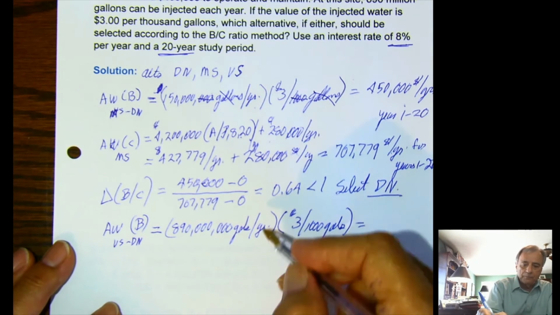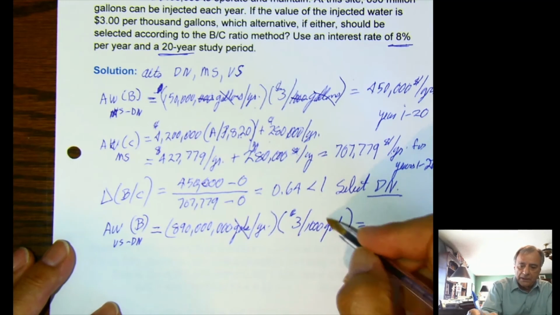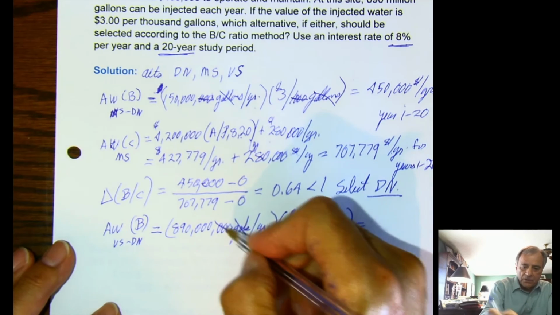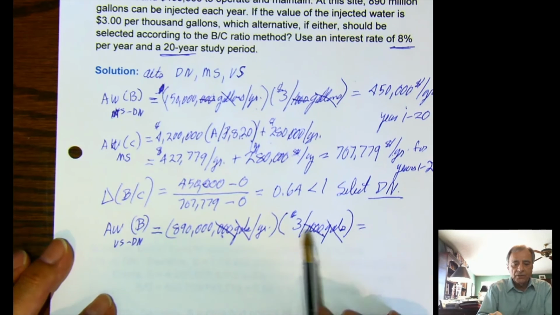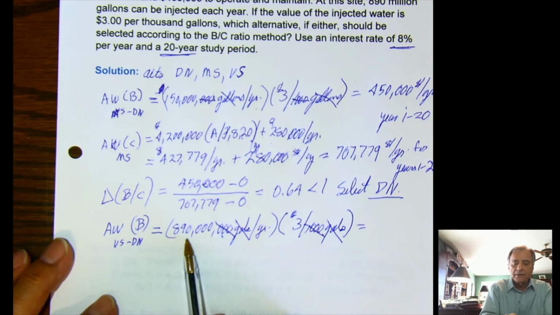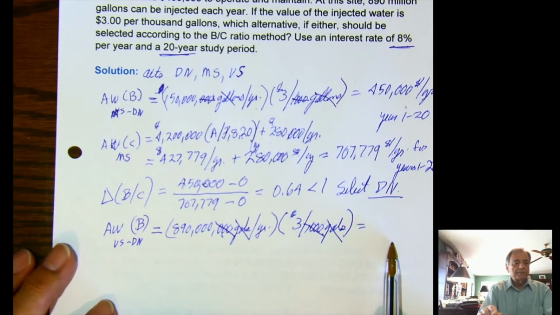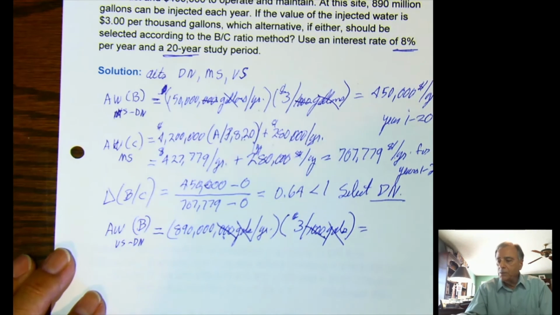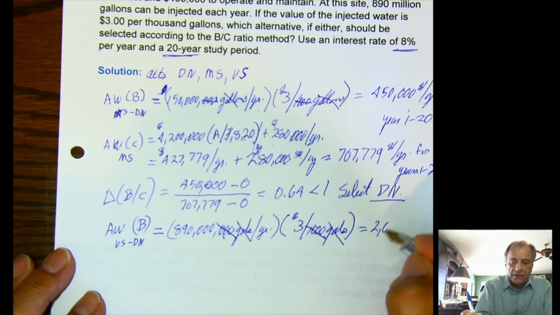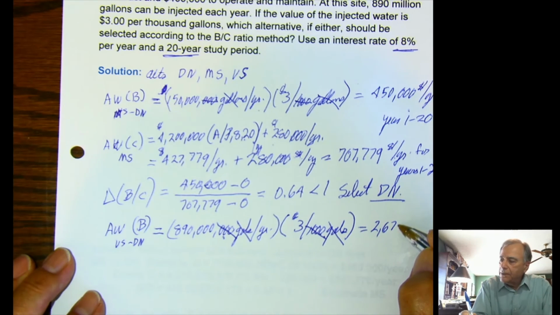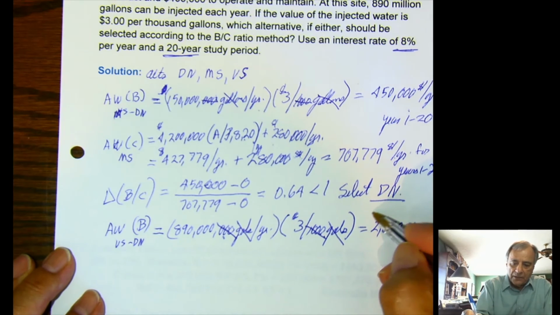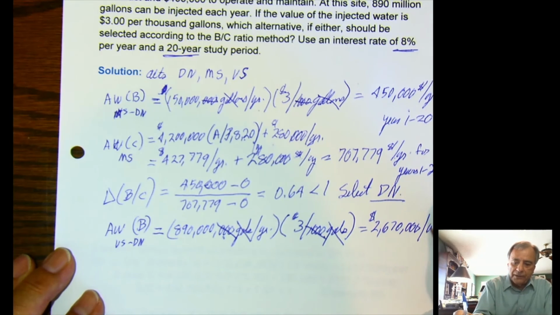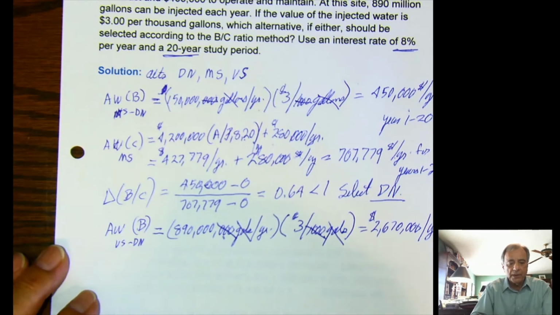And we will delete the gallons. We'll cross out this 1,000 with that last 3 zeros, and we'll get 3 times $890,000 per year. Okay, so when we do that, we get $2,670,000 per year, and of course that's still years 1 through 20.